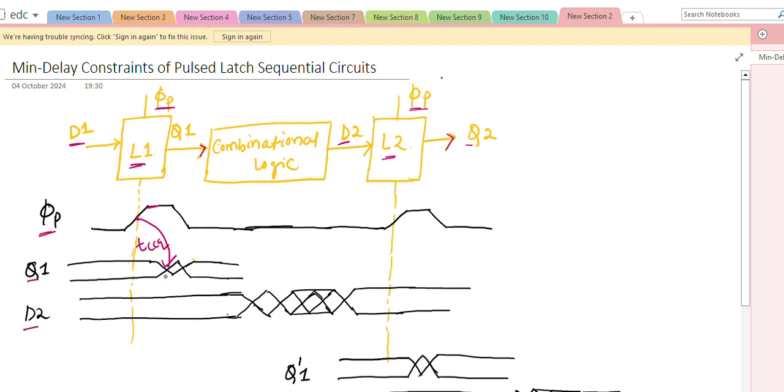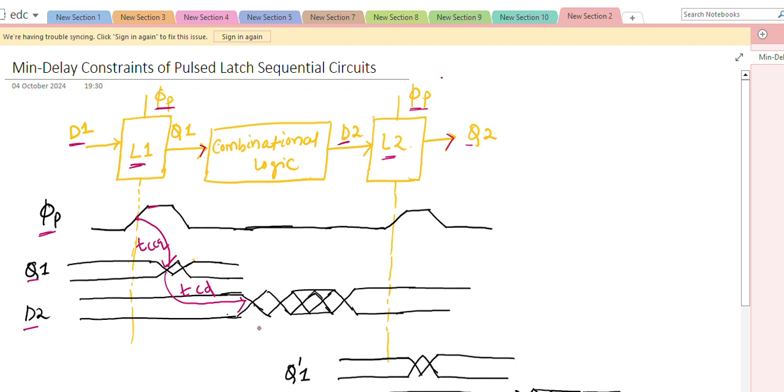Again that Q1 is given as input to the combinational logic. Similarly, the combinational logic will take some delay to give the output. The amount of delay it takes to start changing the output is known as the contamination delay. This is TCD.